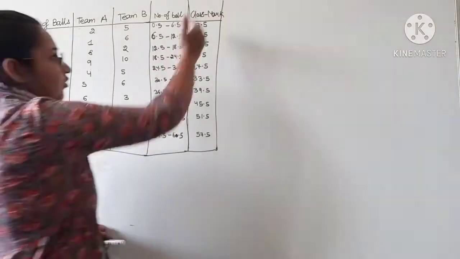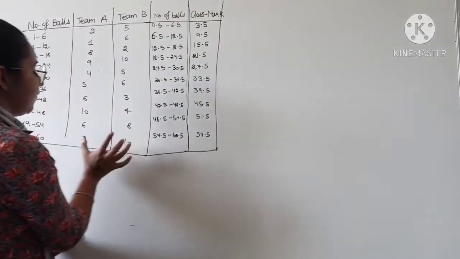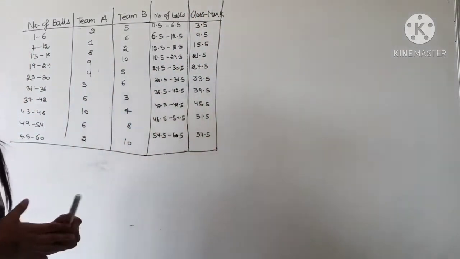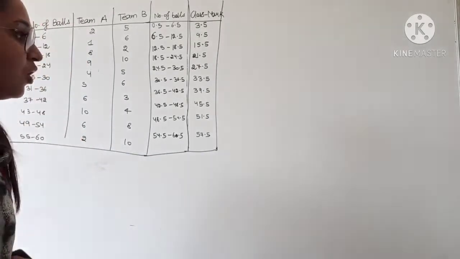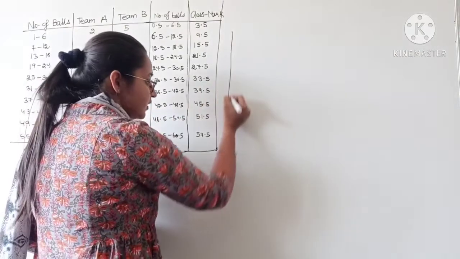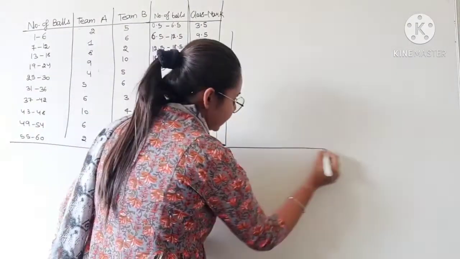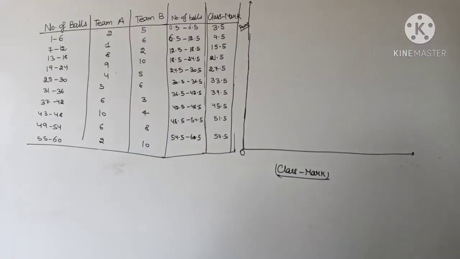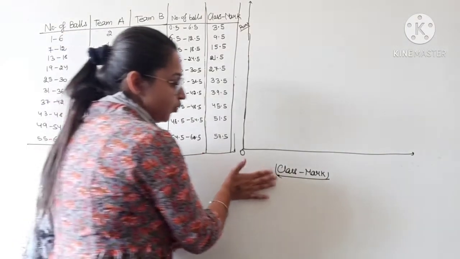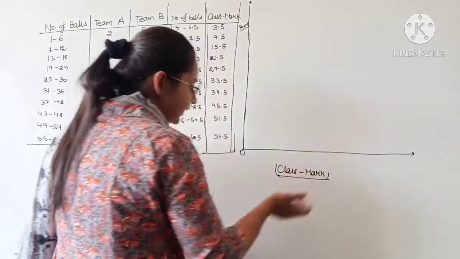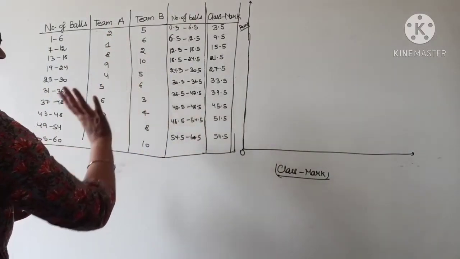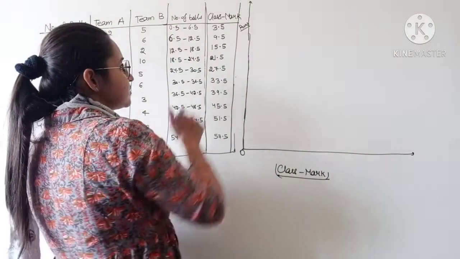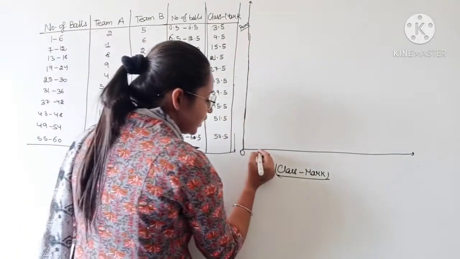Now, as we are done with our class mark and we have frequencies, we can easily draw the frequency polygon. How? First of all, see here, this is the vertical axis, this is the horizontal axis. Now, what will you do? You will plot the class mark on the horizontal axis, and you will plot the frequency, that is runs scored by team A and team B, on the vertical axis. Class marks are 3.5, 9.5.